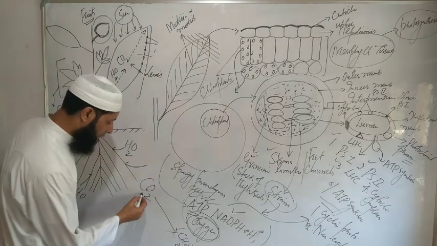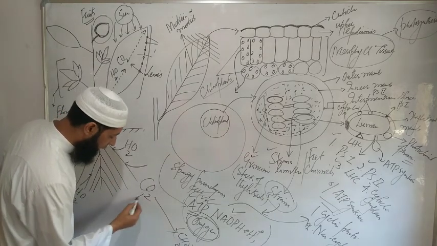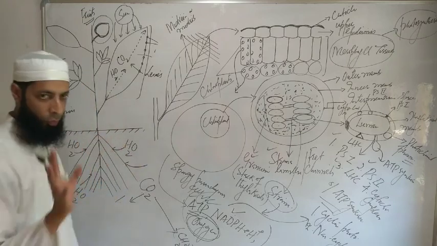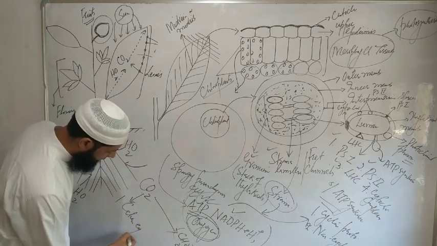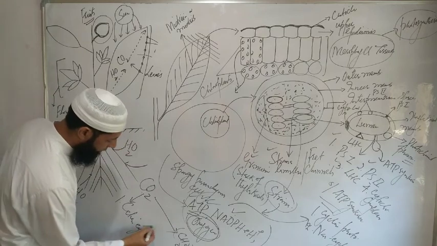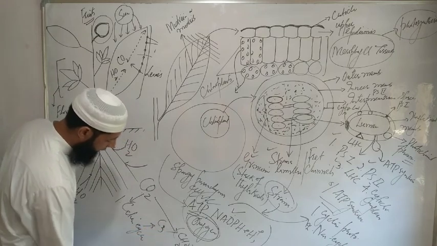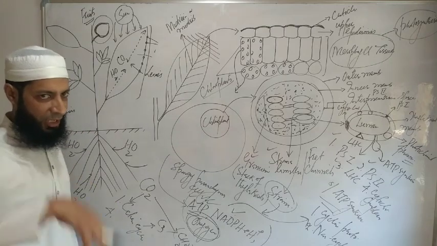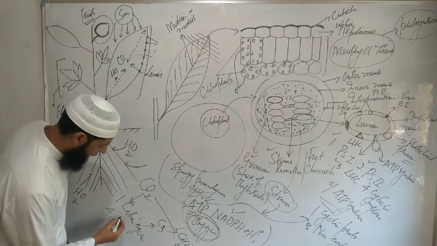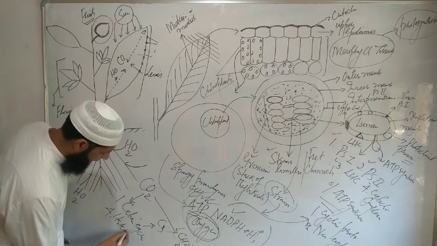This reduction of carbon dioxide into carbohydrate may occur through the Calvin cycle, as in the case of C3 plants, or it may occur by both the Calvin cycle as well as another cycle called the C4 cycle or Hatch and Slack cycle.